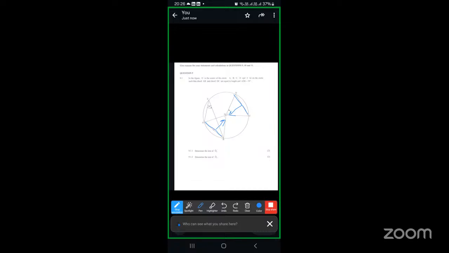Therefore, angle O1 and angle O2 are equal because equal chords subtend equal angles. Do you get that? Yes, sir. Can we now proceed to the next problems? Yes, sir.